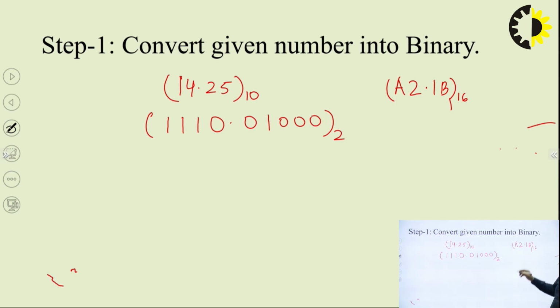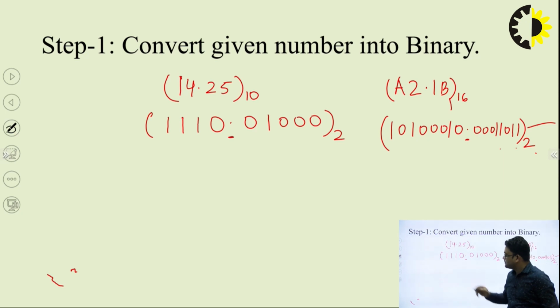If we want to convert this number into binary, we will have 1010 for A, 0010 for 2, point, 0001 for 1, and 1011 for B. So this is our binary number for A2.1B. As we can see, the position of the point is floating for different binary numbers. So our second step is that we have to normalize these numbers.